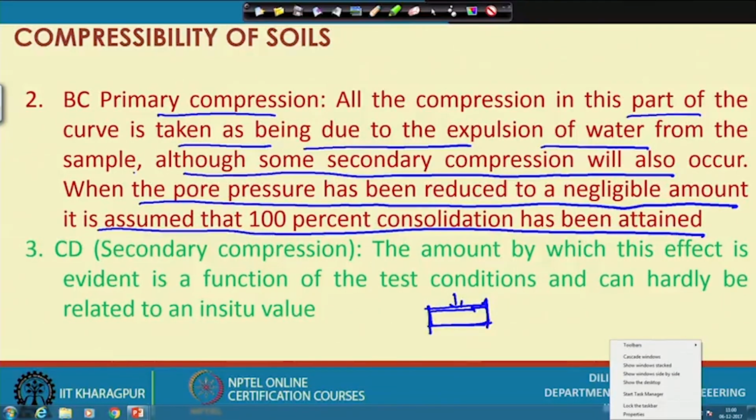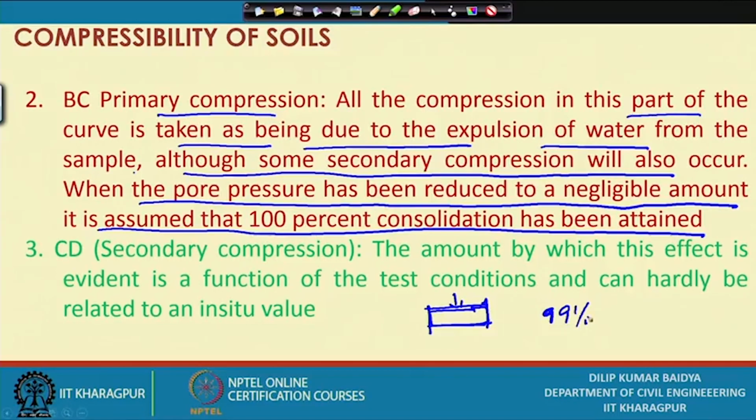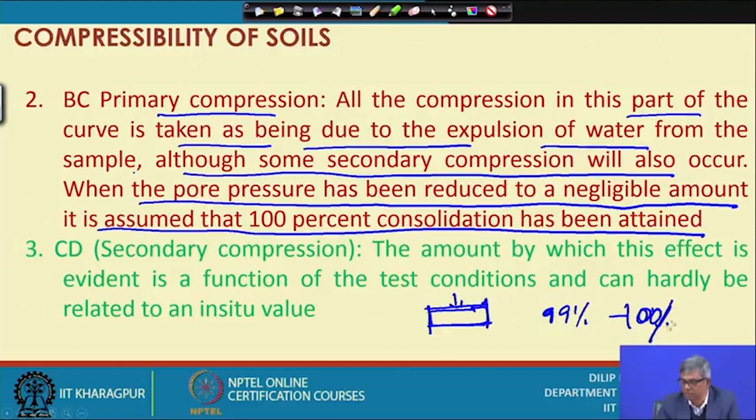But here sometimes going from 99% to 100% dissipation may take a very long time. So, because of that, when pore pressure becomes negligibly small, some 98%, 97%, we may still consider it as completion of consolidation, otherwise you have to wait for a long time.